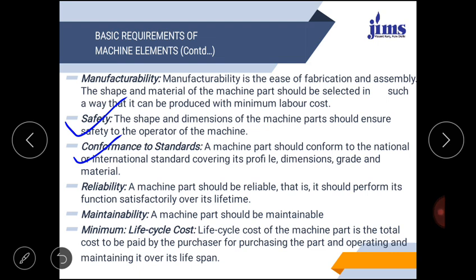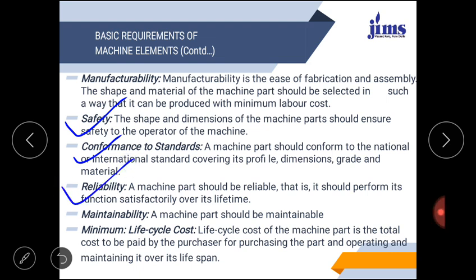Otherwise, arbitrary choosing of dimensions and manufacturing methods may take more time and more cost, and it may not be exchangeable with other elements. That is why your machine element should conform to the standards. It means you have to think of the designing procedure according to predefined standards, or it should be matched with the standards.